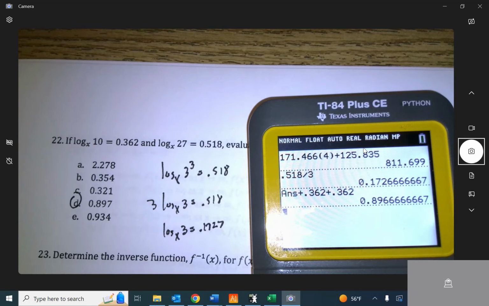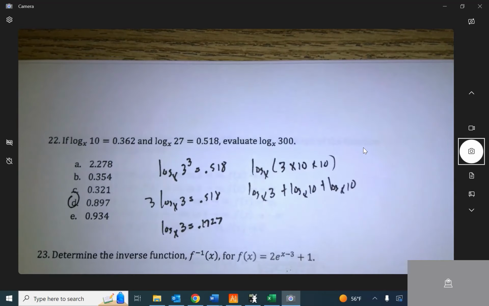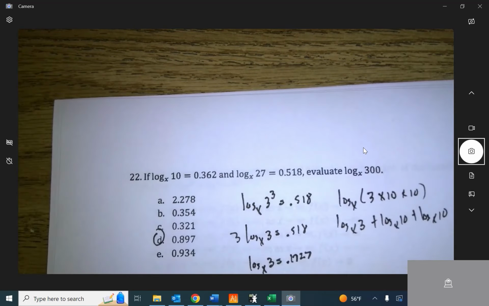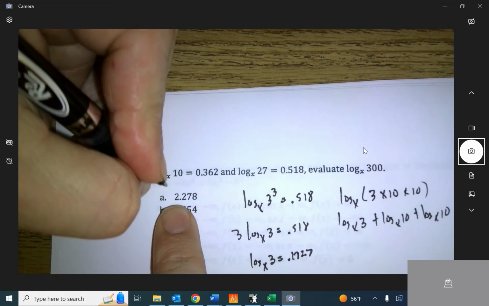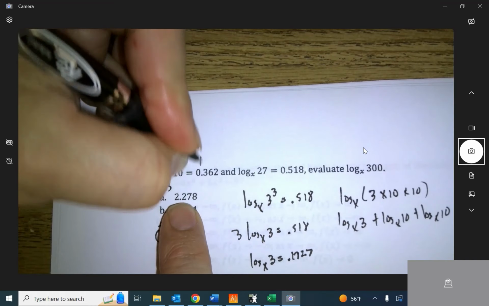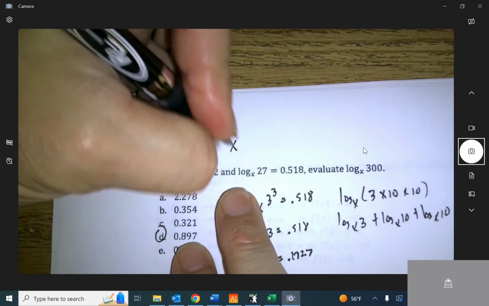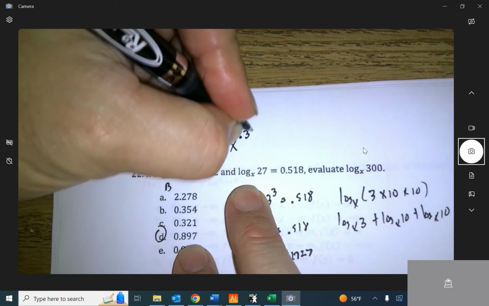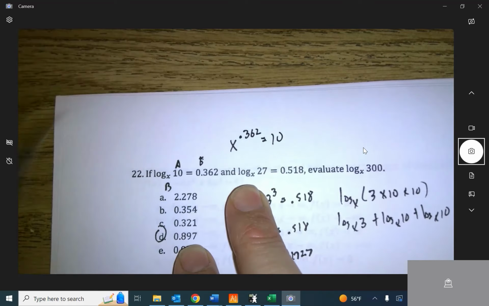Now, there might be an easier way to reverse engineer this problem. Let's do log as base, answer, exponent. X to the 0.362 is 10.